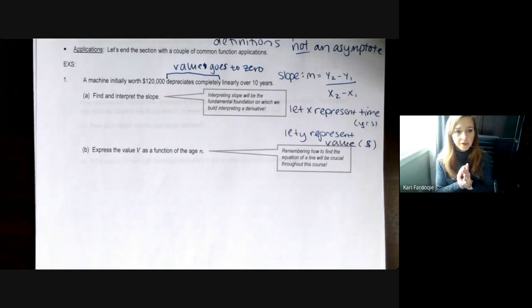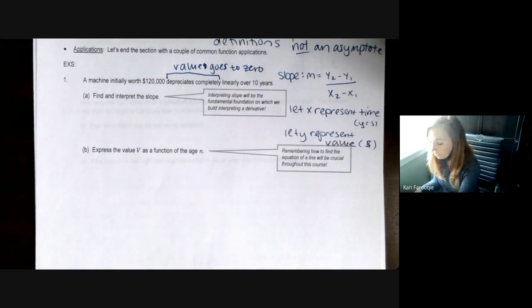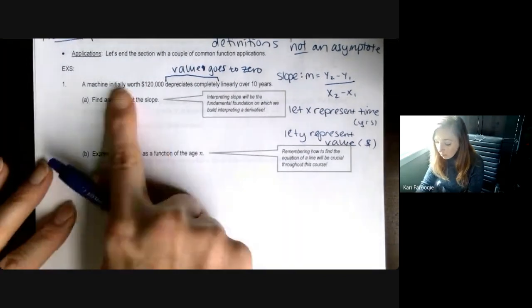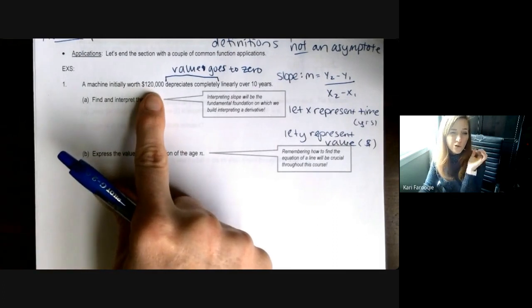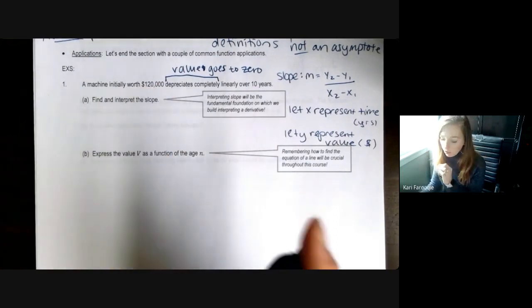So we're going to do that. We're going to come up with 2 points. The first point will be initially how much the machine was worth, given that information. So at 0 years, the machine was worth $120,000.